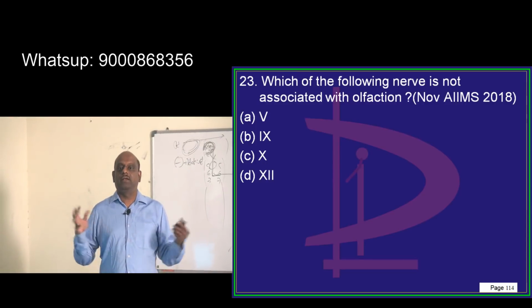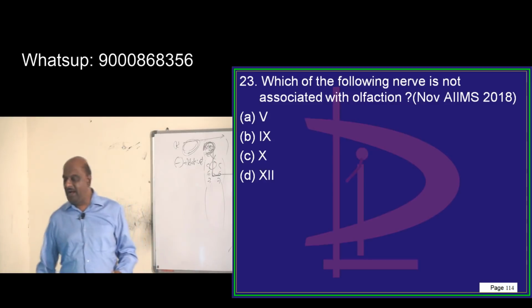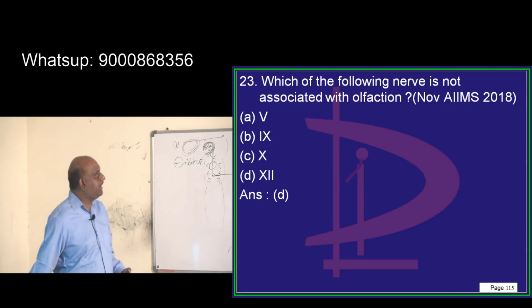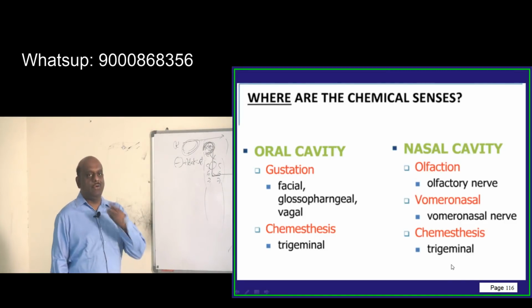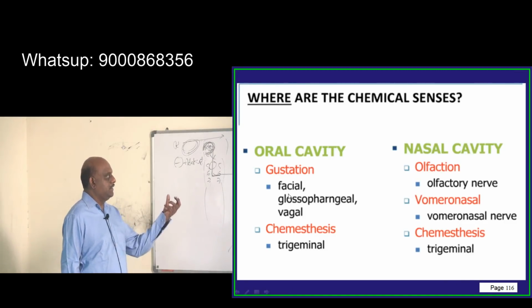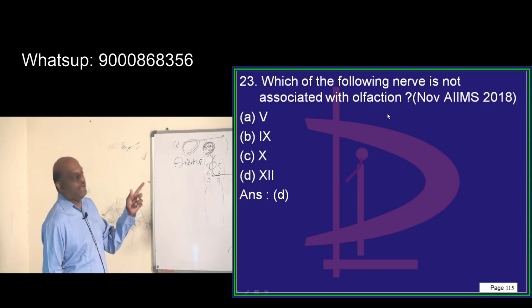Which are all the cranial nerves associated with olfaction? I doubt whether he asked olfaction or the chemical senses. Basically, in the oral cavity you have gustation. Then in the nasal cavity, you have olfaction. So examiner asked olfaction, I doubt it.